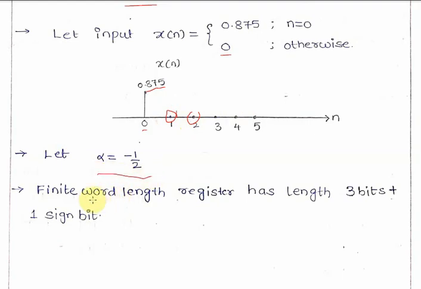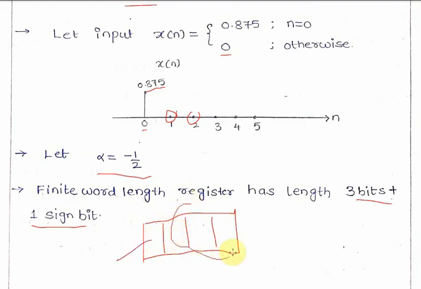Assume a finite word length register has length 4 bits, that is 3 bits magnitude plus 1 sign bit. One, 2, 3, 4. This one represents the sign bit. These three represent the magnitude.